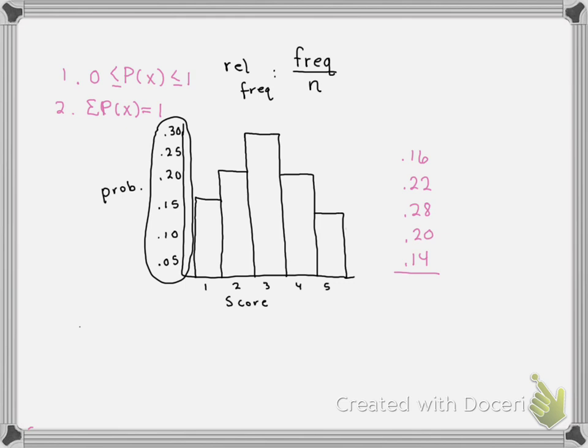So example 3, verifying probability distributions, okay? It says verify that the distribution at the left on page 193 is a probability distribution. So they give us already the probability in decimals. So in other words, the probability P of X is already the relative frequency.